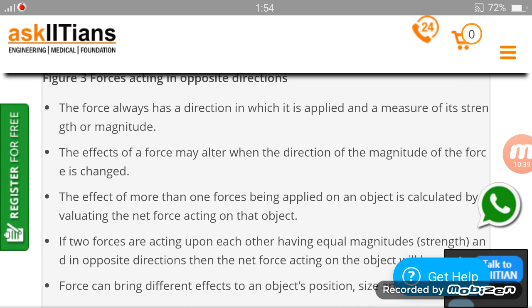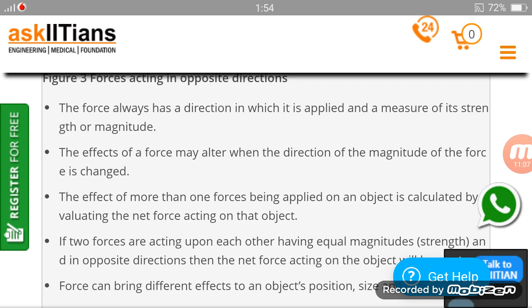Now we'll study some important points. The first point is that the force always has a direction in which it is applied and a measure of its strength, or magnitude. There will always be a direction in which the force will be applied, and there will always be a magnitude.